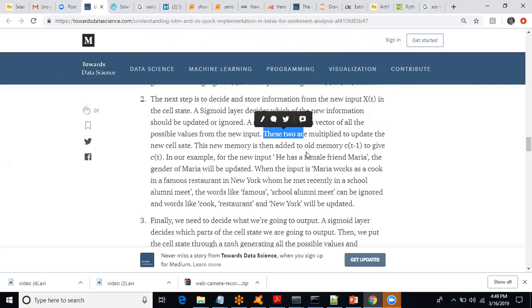So this new memory is added to the old memory and gives C of t.